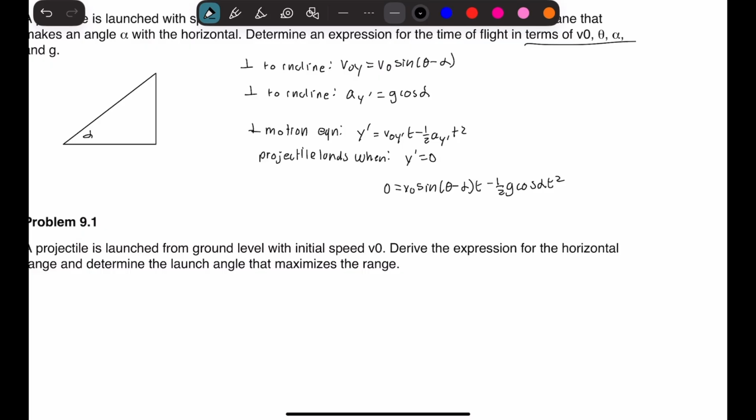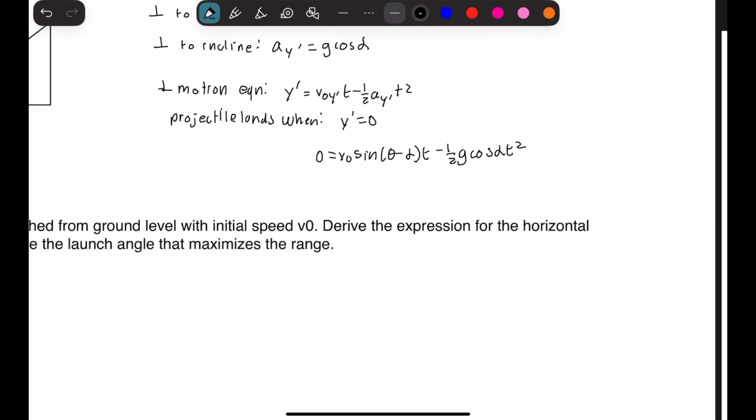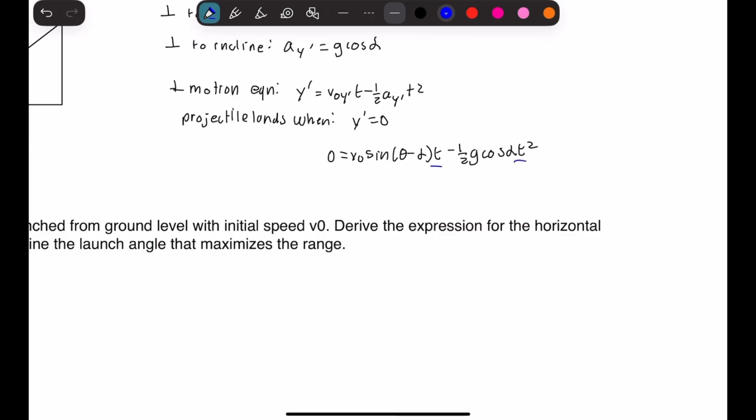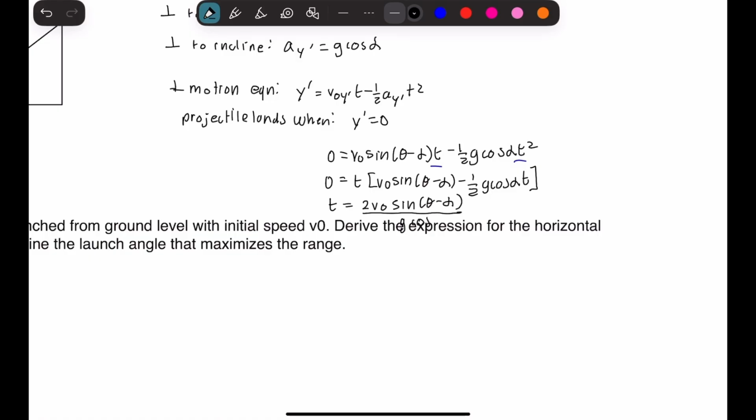Now you can factor and solve. We have a t in both terms, so we can rewrite this as t times v initial sine of theta minus alpha minus 1/2 g cosine alpha t, equal to 0. Solving for t, we have t is equal to 2 v initial sine of theta minus alpha divided by g cosine alpha.